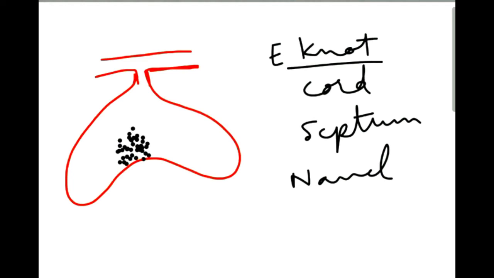The vertical extension of these enamel knot cells is called the enamel cord. When this enamel cord extends up to the outer enamel epithelium, it is called the enamel septum. It is called enamel septum because it divides the stellate reticulum into two parts.